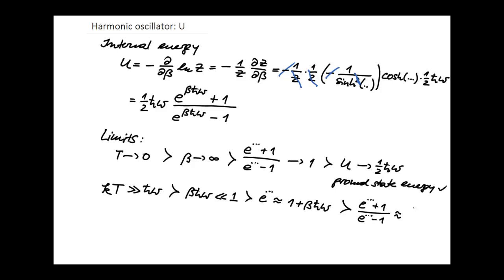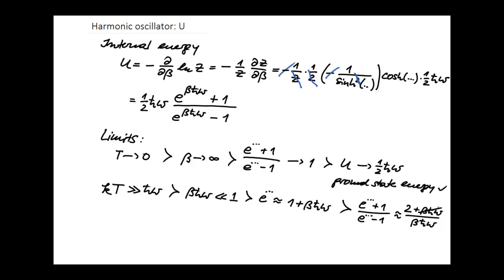This is approximately 2 plus beta h bar omega divided by beta h bar omega. Now in the numerator, the beta h bar omega, we said this is much smaller than 1, so this is negligible compared to the 2. So we have 2 over beta h bar omega.